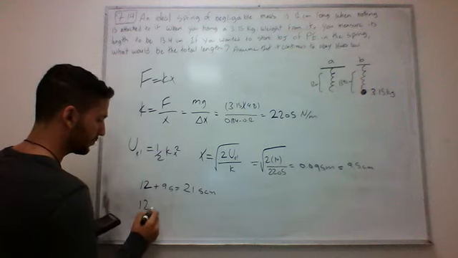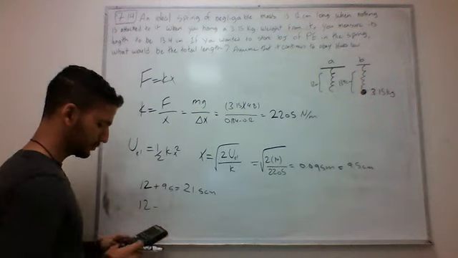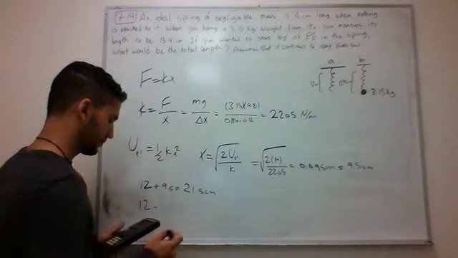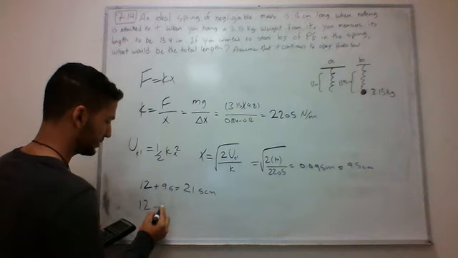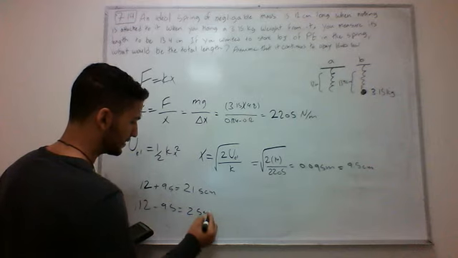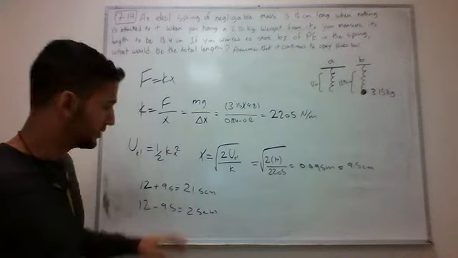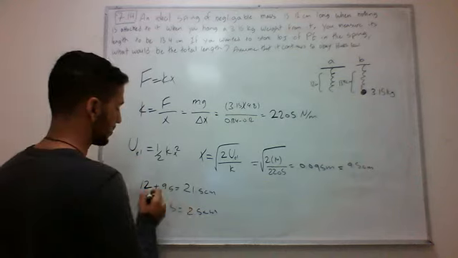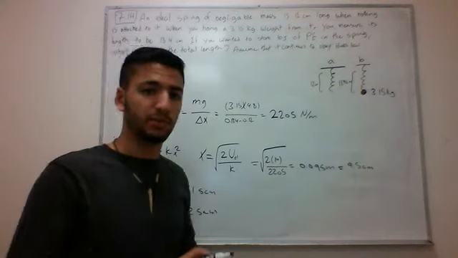At the same time, we subtract 9.5, and this is going to give us 2.5 centimeters. So these are the total lengths. We have two: one when it's stretched and one when it's compressed.